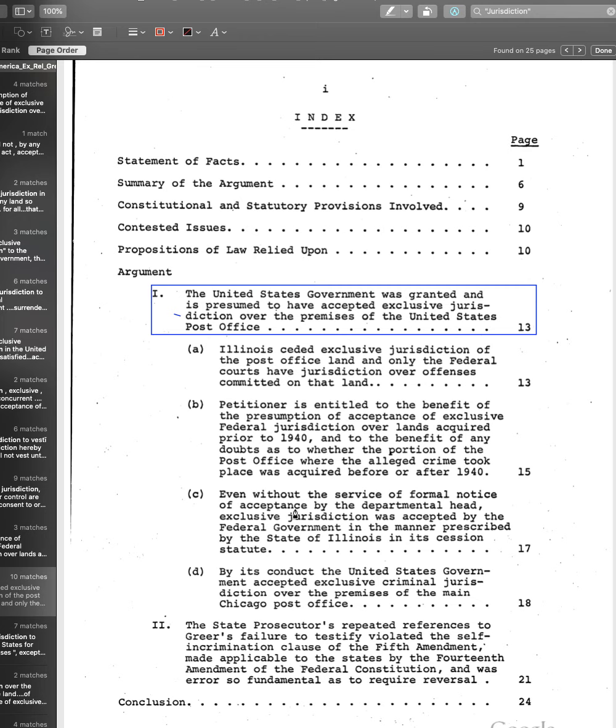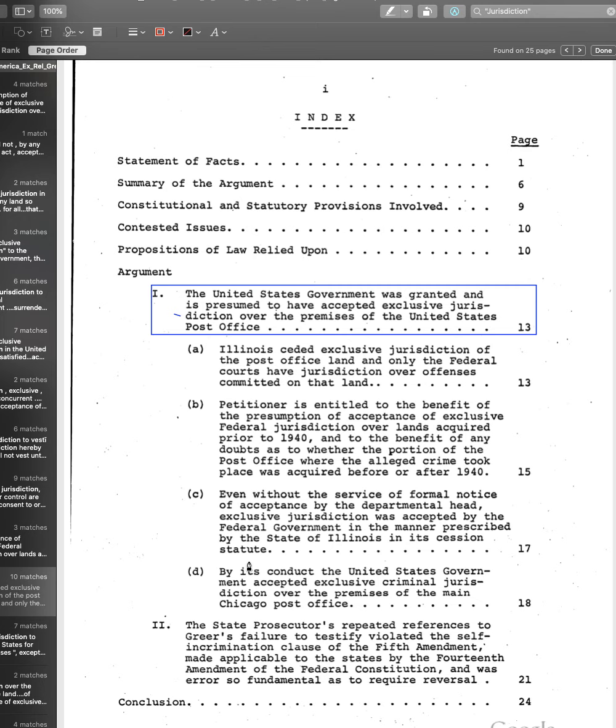Even without the service of formal notice of acceptance by the departmental head, exclusive jurisdiction was accepted by the federal government in the manner prescribed by the state of Illinois in its session statute.